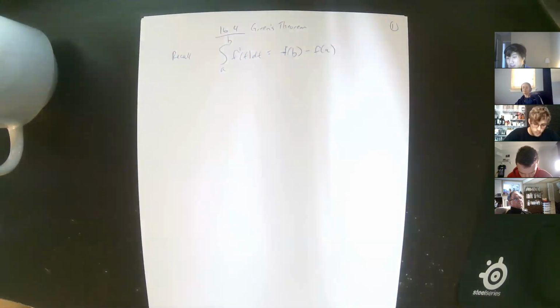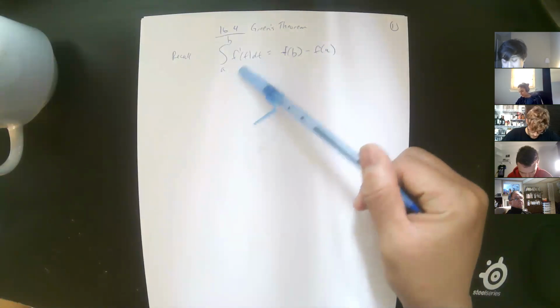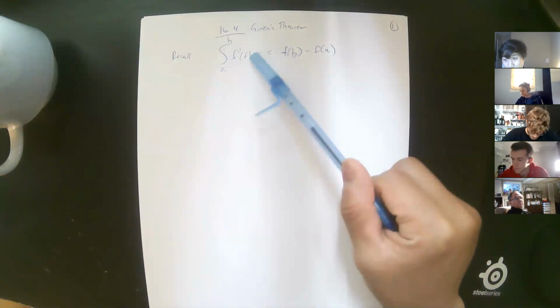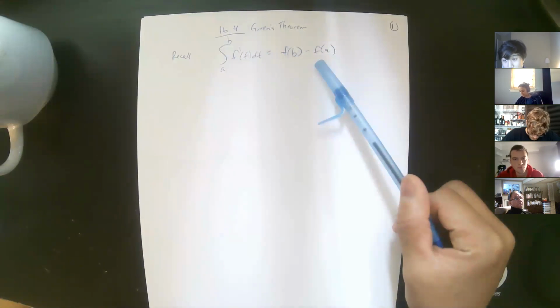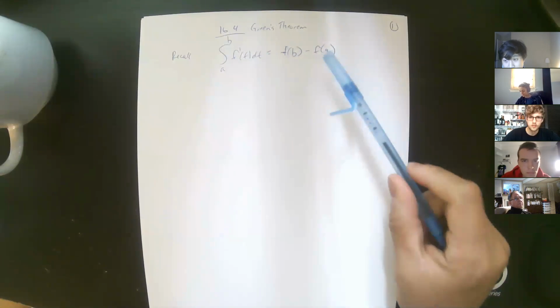I'm going to write this a lot of times because, like we did previously with the fundamental theorem for line integrals, Green's theorem does a similar thing. So what do you think I'm going to say? It takes an integral of the stuff on the inside and turns it into a calculation of the stuff on the boundary.